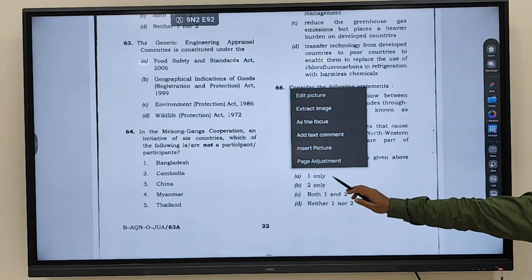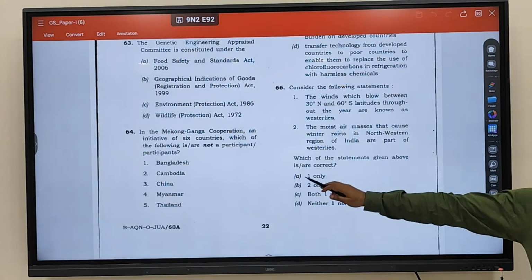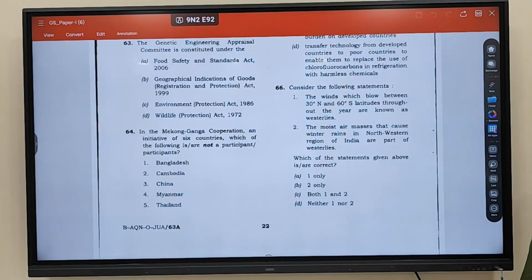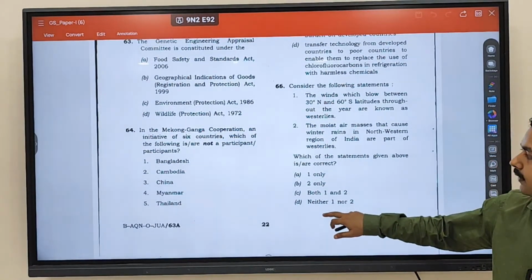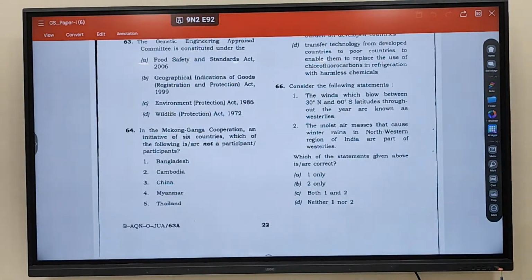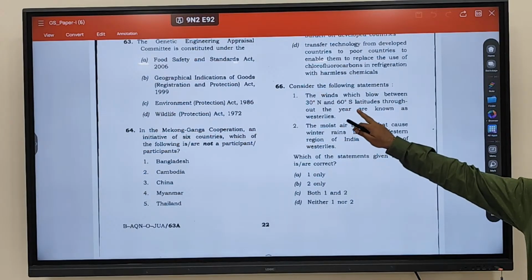If the question is asking incorrect, incorrect means the first statement is incorrect. So the answer will be one only. So which statement is incorrect or which statement is correct, you have to give that particular result. Incorrect means you have to identify which statement is incorrect.